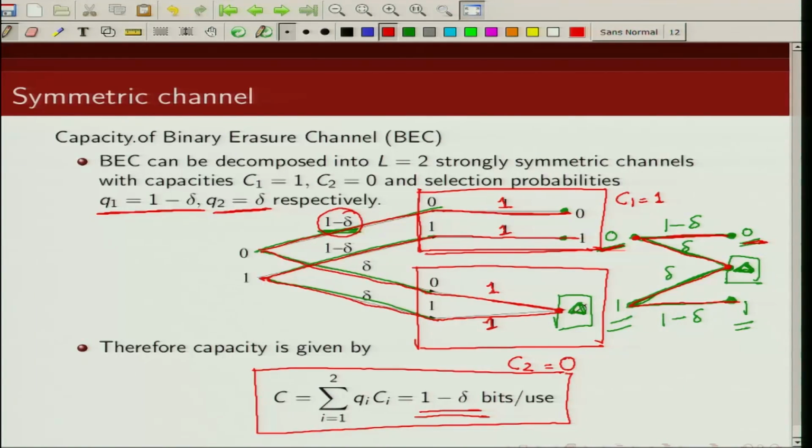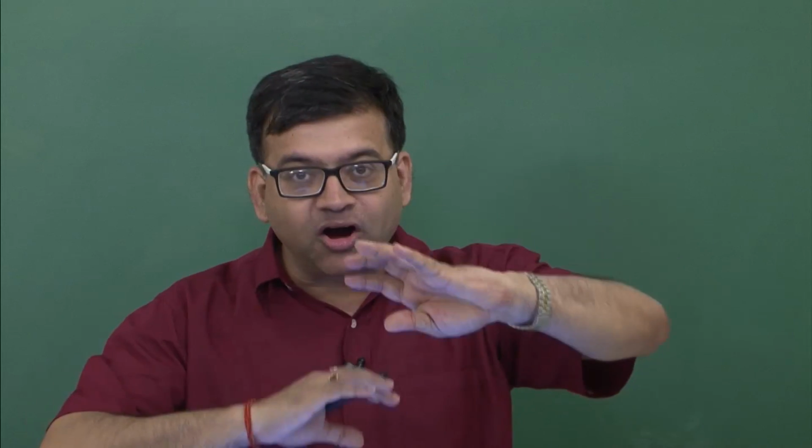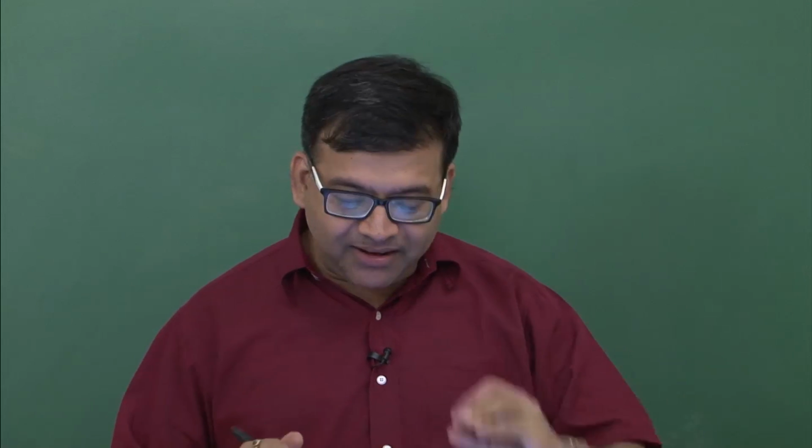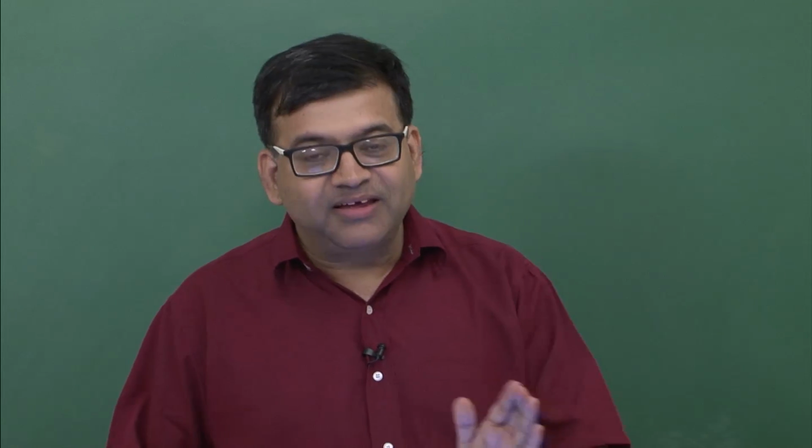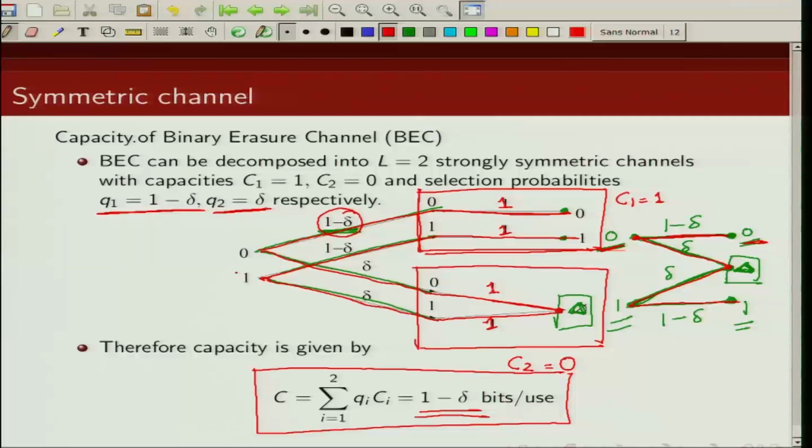This example illustrates that this binary erasure channel is not a strongly symmetric channel, but it is a symmetric channel because we are able to decompose it into two strongly symmetric channels. Since from the inputs we are able to reach these channels with the same dispersion, we can find out the selection probability of these channels.